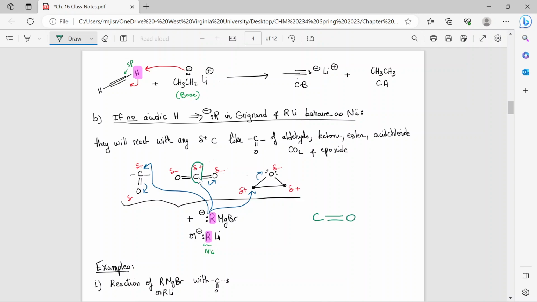If you have a carbonyl, we already know that the oxygen is electronegative. So the oxygen is going to pull electrons away from the carbon, making that carbon an electrophile. So now I know that my electrophilic site is going to be this carbon. This means that if there is any nucleophile in the solution, the nucleophile is going to come and attack that carbon. Same thing for the epoxide.